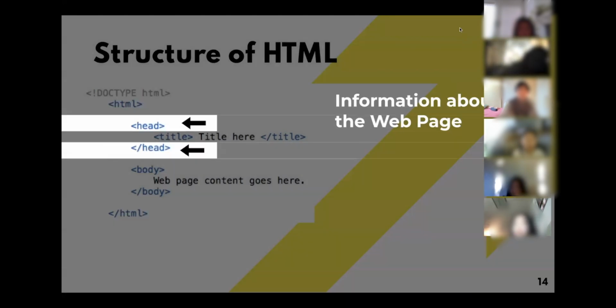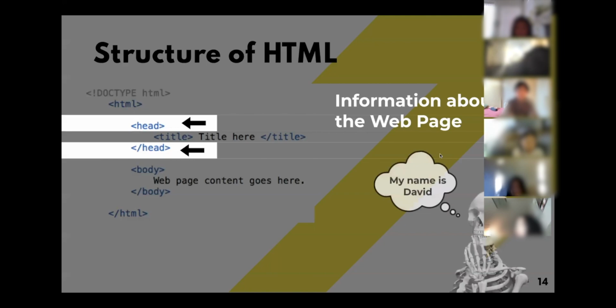And next is the head tag. The head tells us information about the web page, or you're adding extra information that we need on the file. This is technically not displayed on the web page, it's just for information.